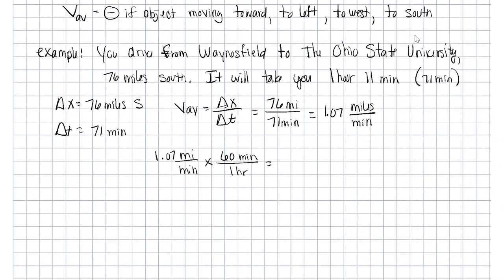And doing a little bit of math there, you would multiply the 1.07 times 60, and you're going to get about 64.2 minutes, which is going to be just over an hour.